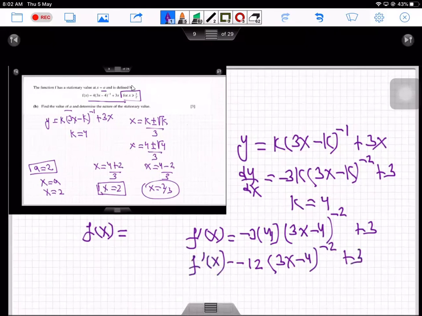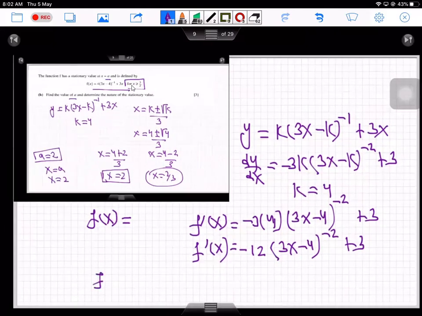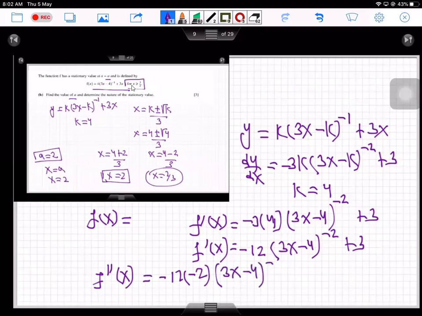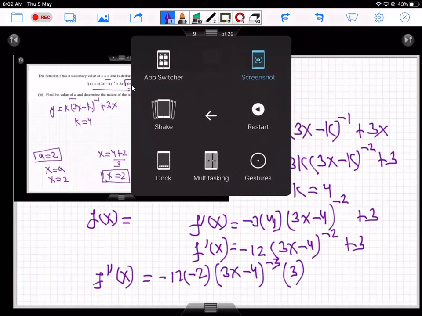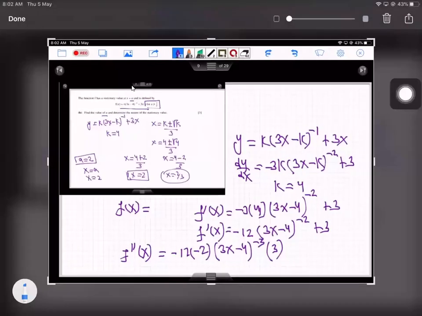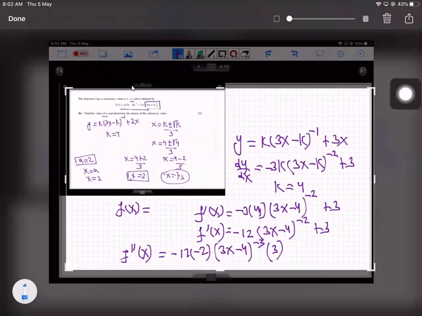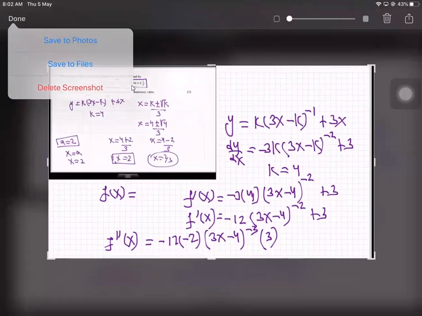Now we need the second order derivative over here. So f double dash x, the second order derivative, would be minus 12 multiplied by minus 2, and then (3x minus 4) whole thing raised to the power minus 3, then multiplied by the derivative of 3x minus 4, and this constant term 3 will be differentiated and become 0. All right, so now we can find a simplified form.